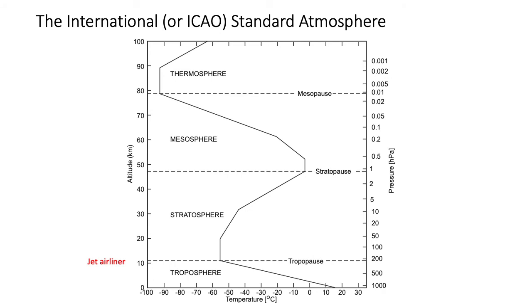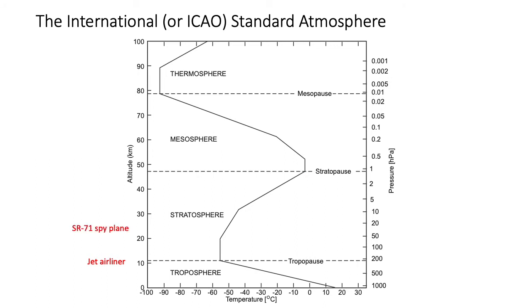Now, just to put things in a context here, we can look at how this standard atmosphere relates to heights that we might be familiar with. First, there's the typical height that a jet airliner flies at, which is around 10 to 11, maybe 12 kilometers.